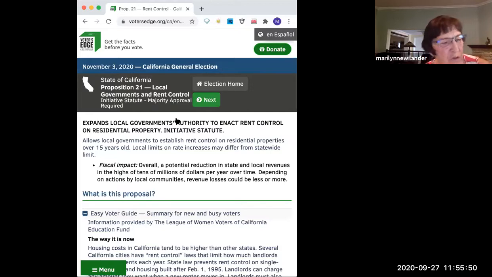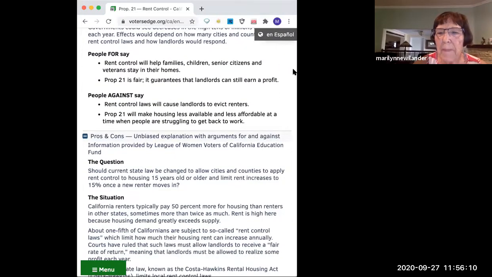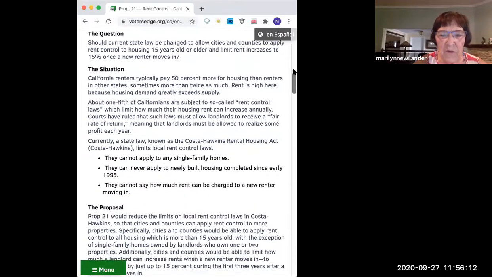Opponents say more than 60% of Californians rejected this type of scheme in 2018. Rent control results in less available and less affordable housing. And Proposition 21 will stop new housing from being built, cost jobs, and hurt the economic recovery. And let me quickly go down to the money situation, follow the money.